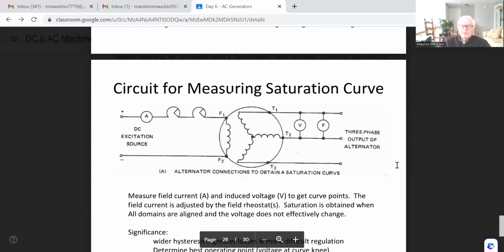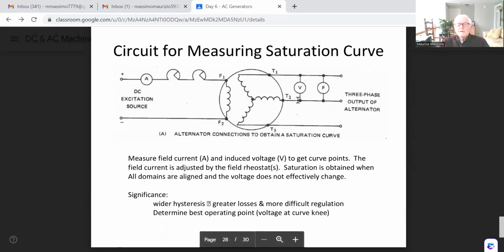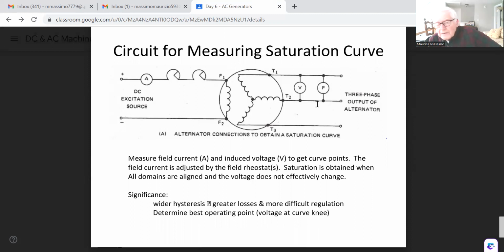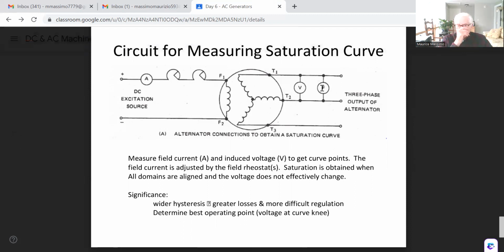So the circuit for measuring saturation current then becomes a way of using two rheostats, an ammeter, a voltage output measurement, and possibly a frequency detector to make sure that the frequencies are in tune.